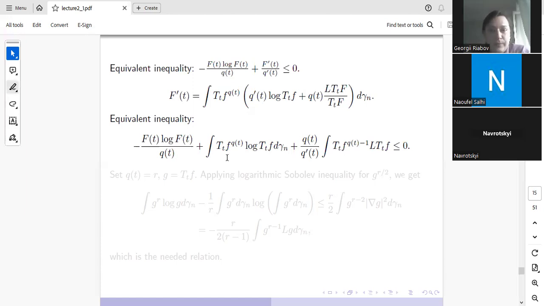So q prime cancels. We get q over q prime here. And this is minus f log f over q. And it looks much like the logarithmic Sobolev inequality.